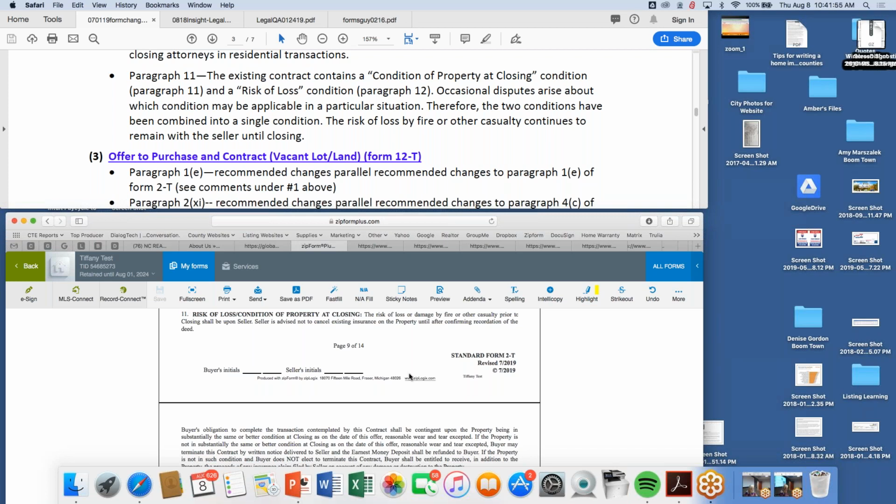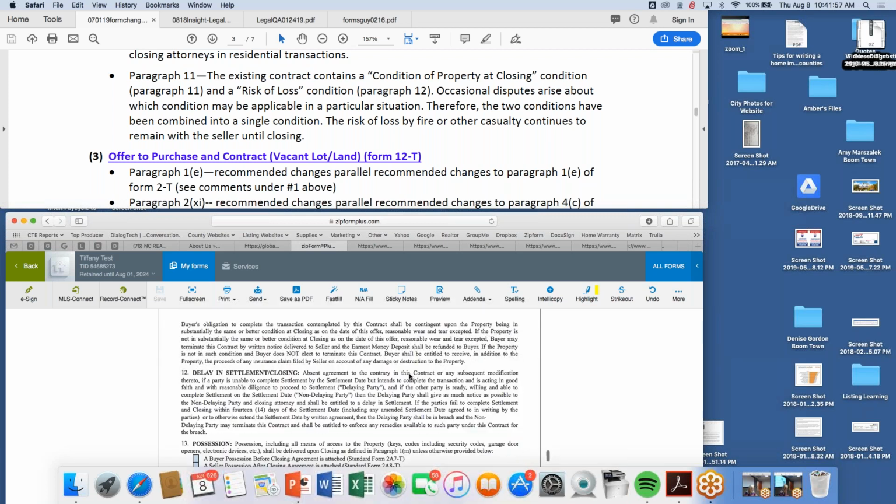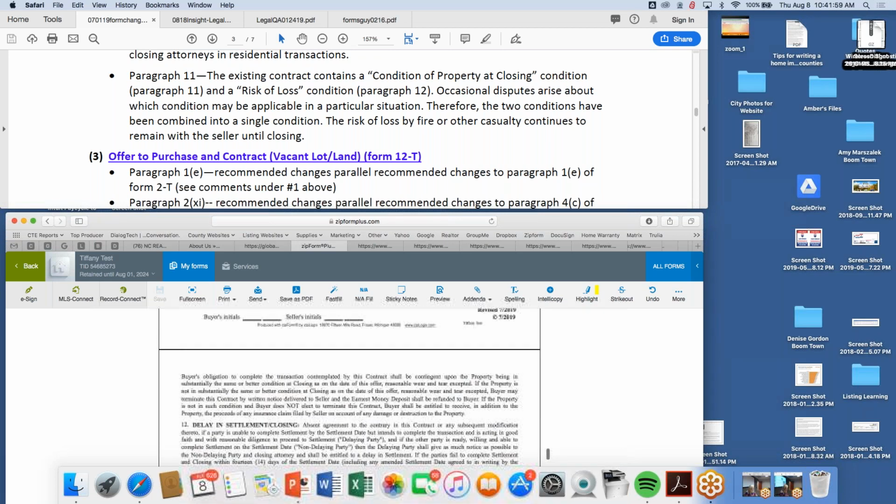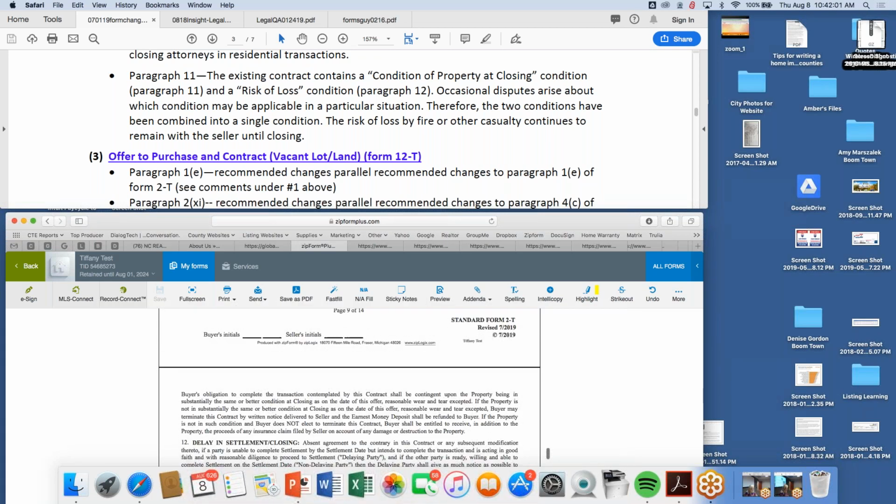It reminds the seller here that the seller still is responsible for the property and that the buyer can terminate. It also reminds everyone, regardless of the situation, that any insurance proceeds or monies relative to, if the buyer continues through with the contract to closing, will go to the buyer for the repair of the home. But the buyer does still have the option to terminate.